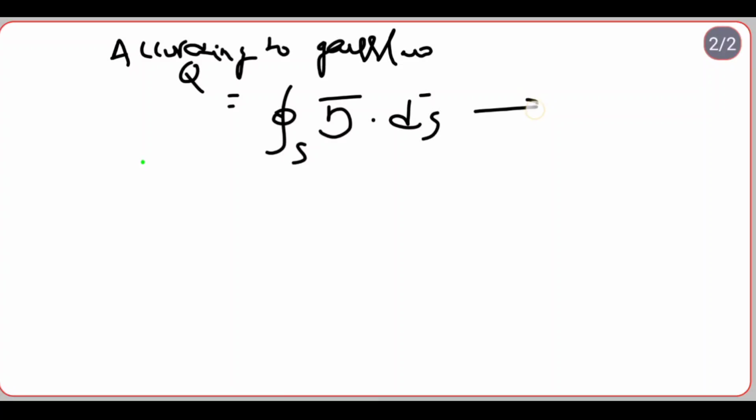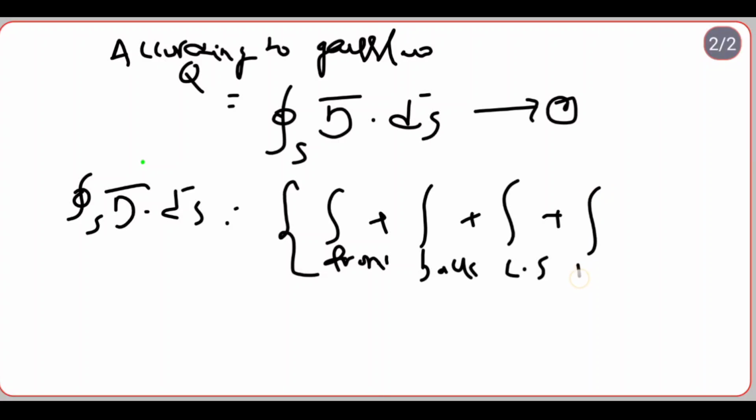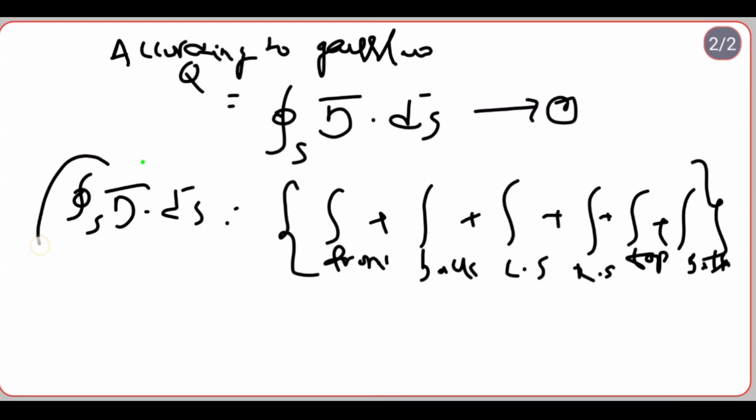Make it equation number 1. Now the surface integral D dot dS, applying Gauss law, is carried out for the front plus back plus left side plus right side plus top plus bottom, of D dot dS, the product of D and dS.